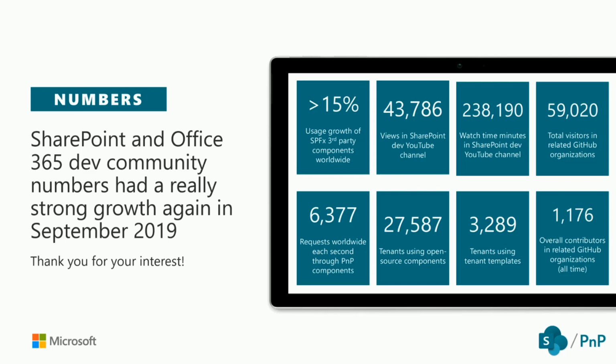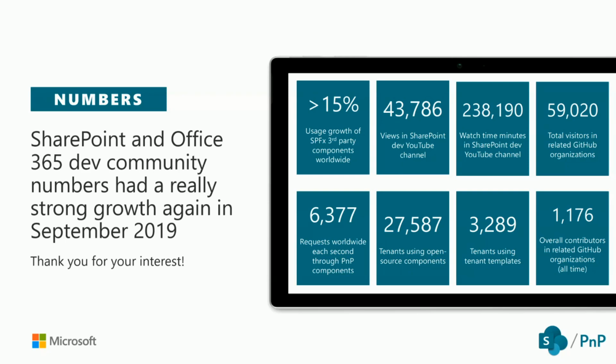That means the SharePoint, PnP, and OneDrive organizations in GitHub. What's really interesting, this is a new statistic which we haven't shared in the past. The PnP components, meaning PnP JS, PnP Sites Core, the NuGet package, and PnP PowerShell, are actually generating 6,377 requests per second worldwide towards SharePoint Online.